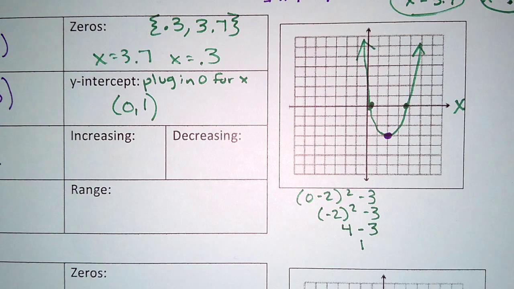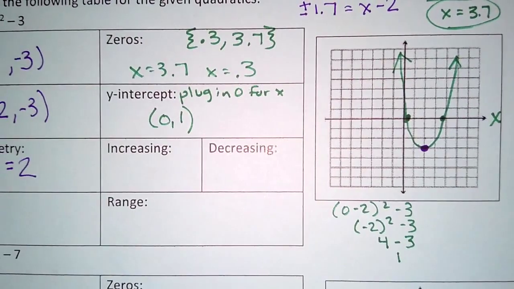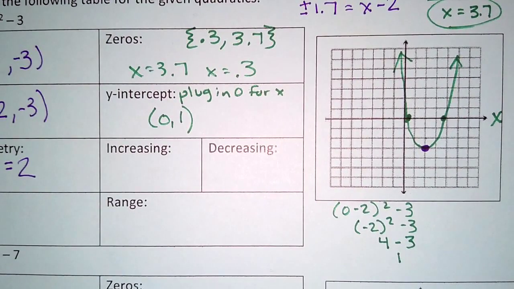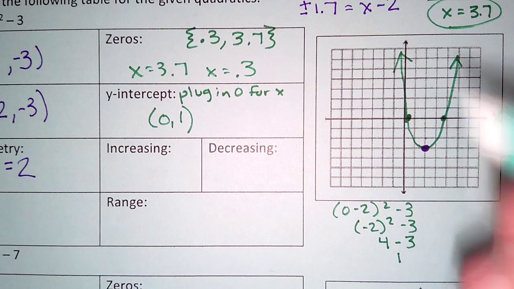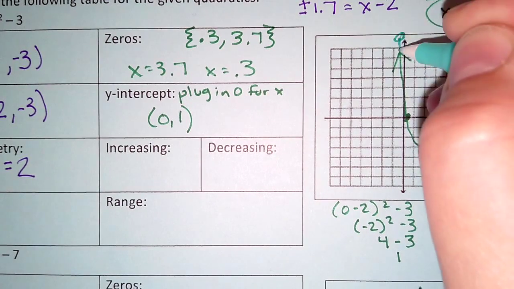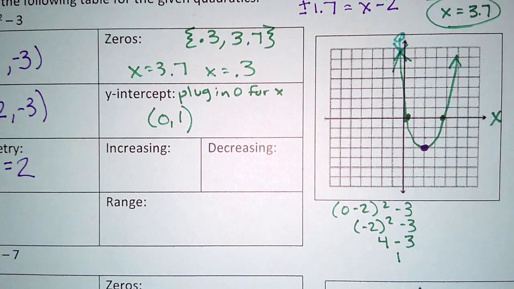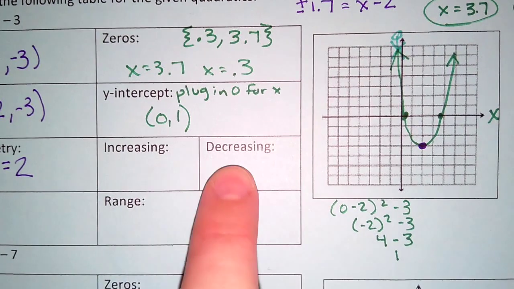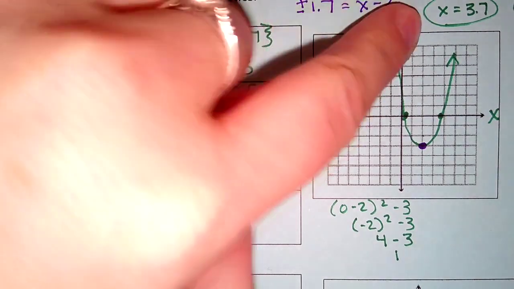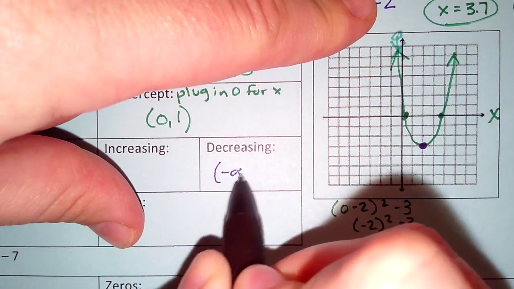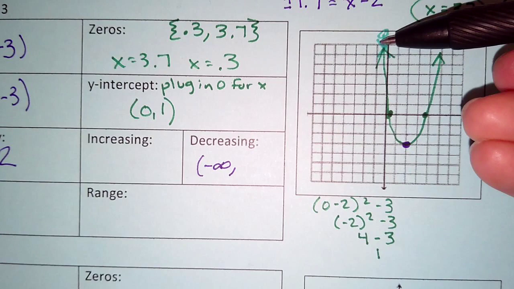So we found all that information. Now we need to find increasing, decreasing. When I put my little guy on the graph here, is he going to be climbing or sliding? Sliding, so he's decreasing. I like to do the decreasing first. From all the way to the left, so negative infinity, when does he stop sliding downhill?